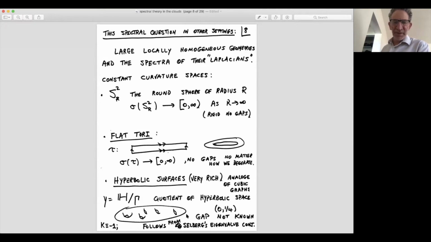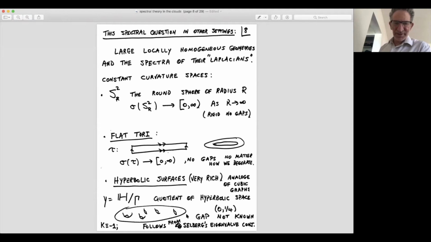Yeah. Peter, there were some results about sequences of surfaces which converge to the universal cover, and then given any interval above 1 quarter... I'm going to get to this right now.